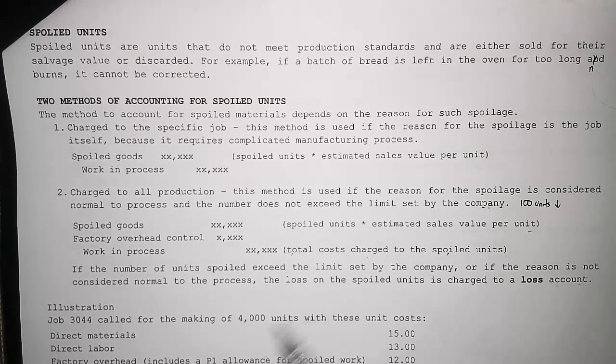Okay, to illustrate yung accounting for spoiled units, illustration: Job 3044 called for the making of 4,000 units with this unit cost.